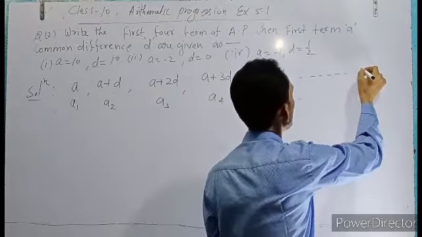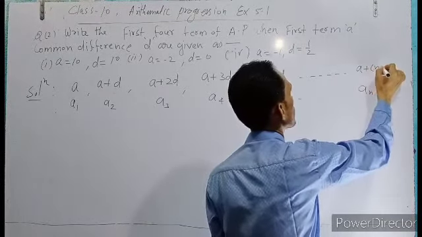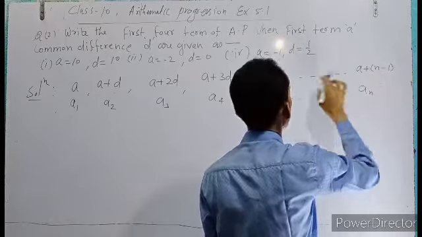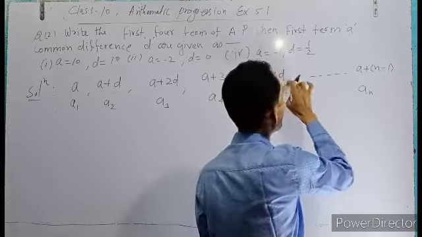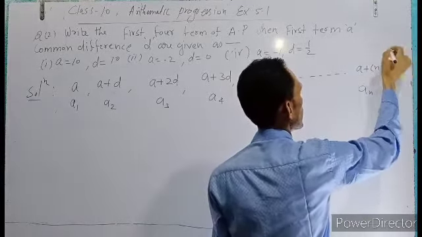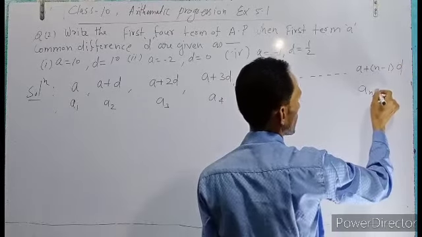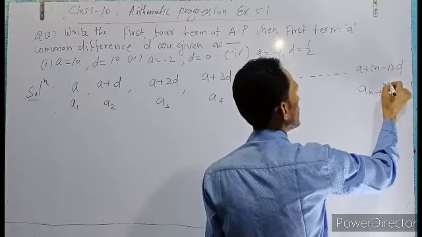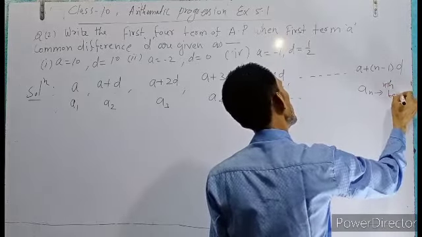So what will the term be? A plus n minus 1 into D. In place of n, you get 5 minus 1 into D. This is called the general nth term of an AP.